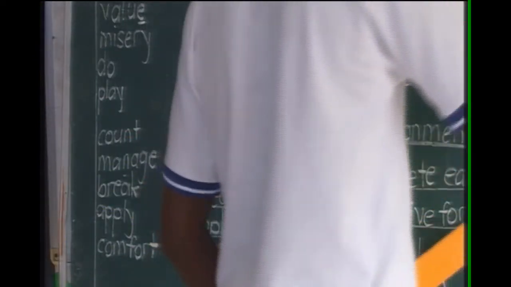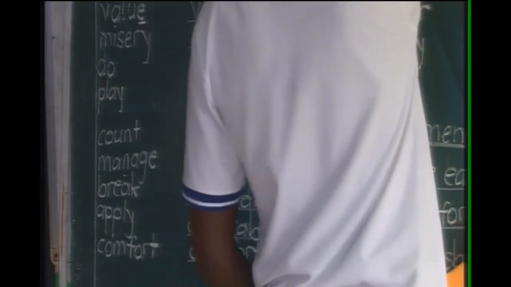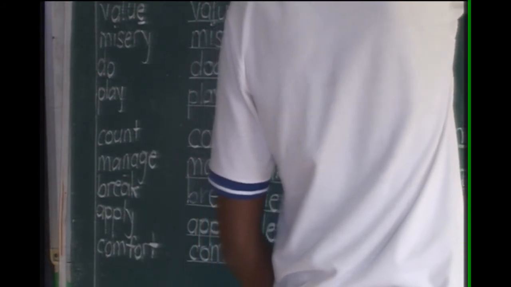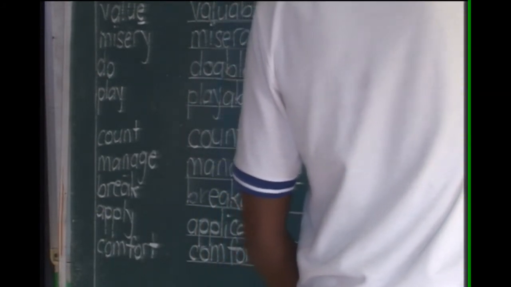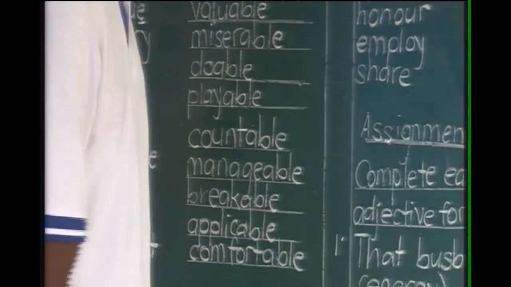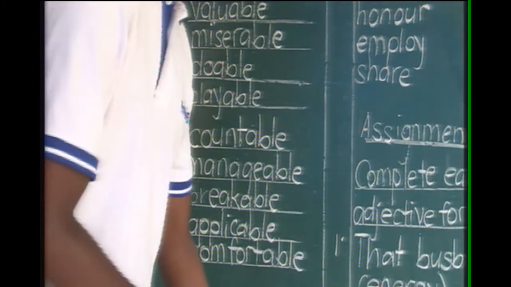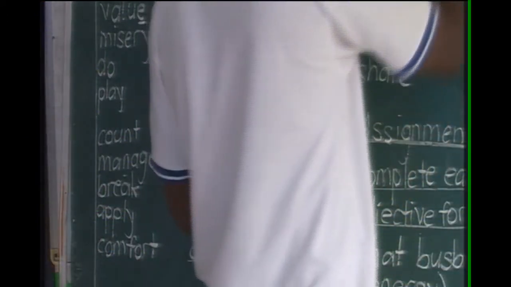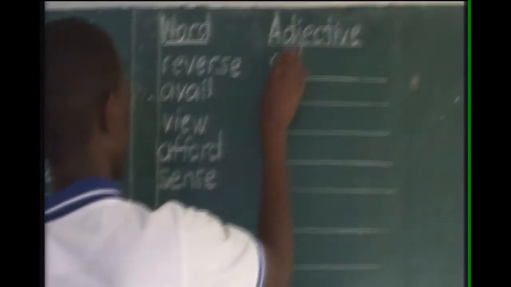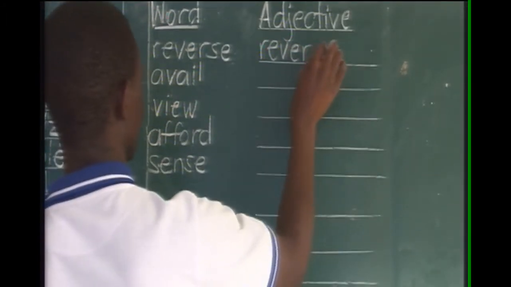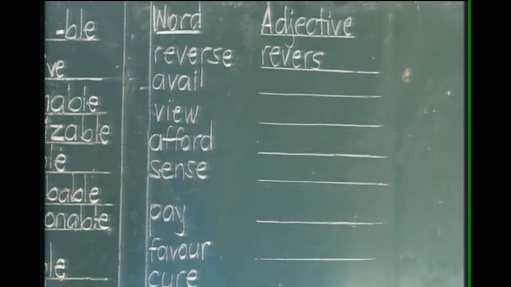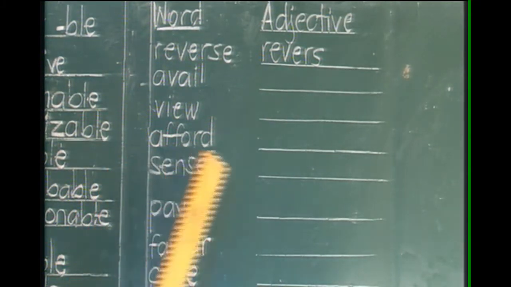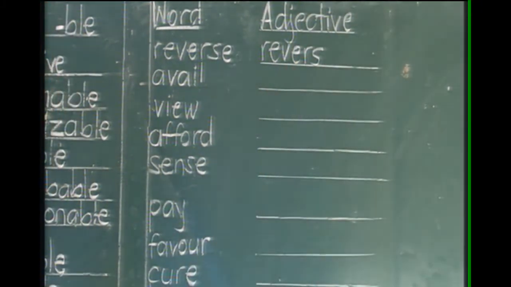We have the word beside and the adjective from that word here. The first word is reverse. You give us its adjective. Let me first pause a little because there's an error made by most children.